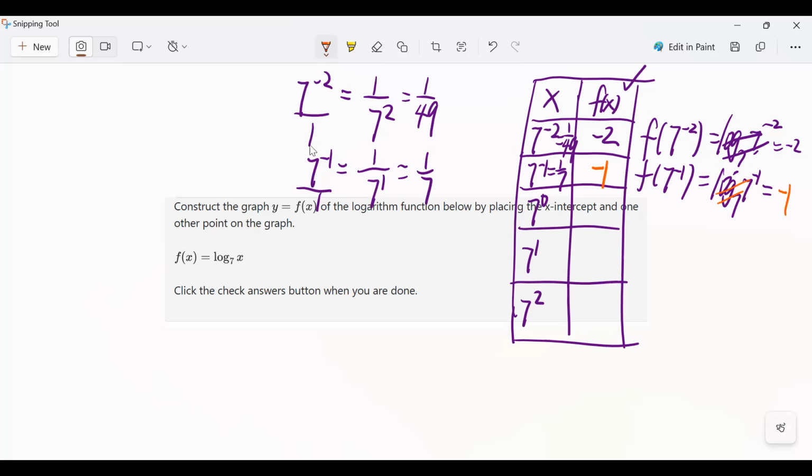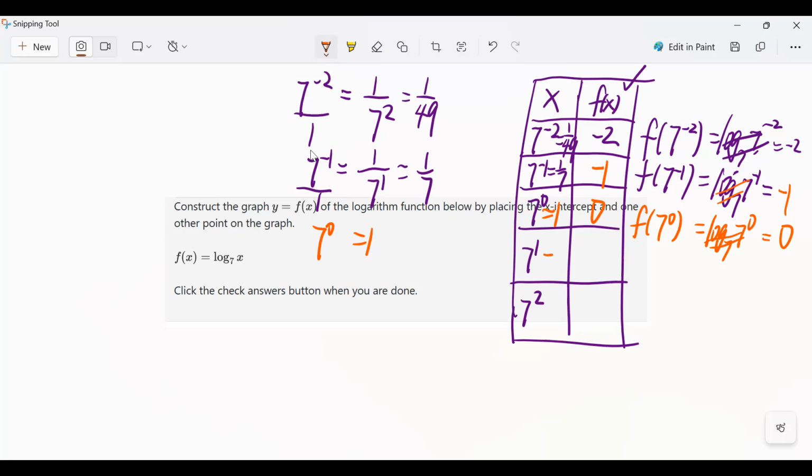Then 7 to the 0 is actually 1. So f of 1 is log base 7 of 7 to the 0, that's going to be 0. This whole thing gets cancelled, 0 goes in the front. So 0. And that's what we call the x-intercept for the logarithm function.